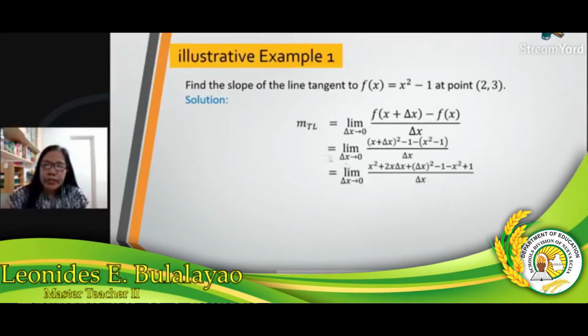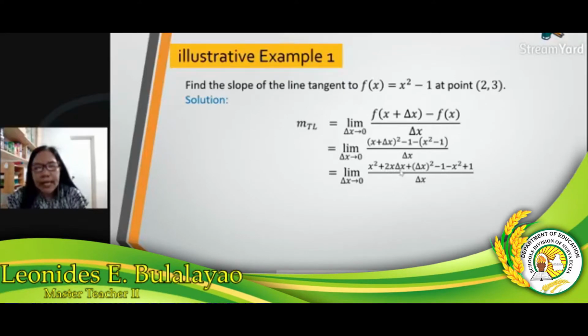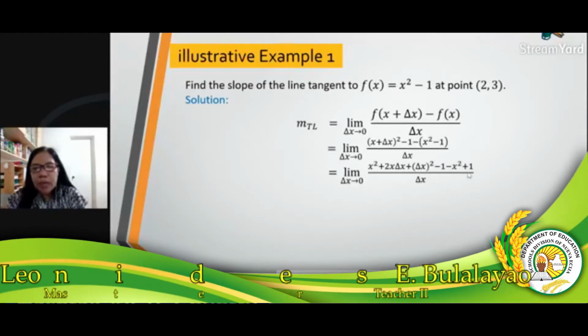So we have to square the binomial. So we have x squared plus 2x delta x. We have a shortcut here by using the formula a squared plus 2ab plus b squared, plus delta x squared, minus 1. And then we have here negative x squared, and then negative times negative 1 is positive 1.